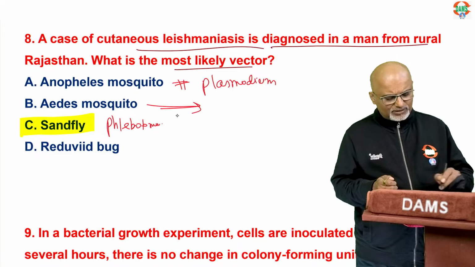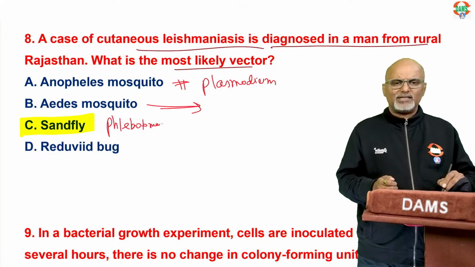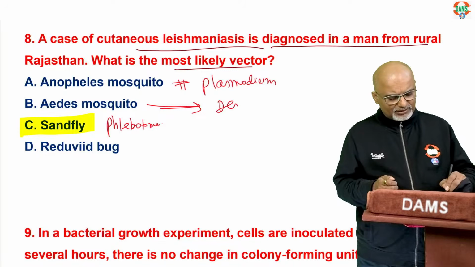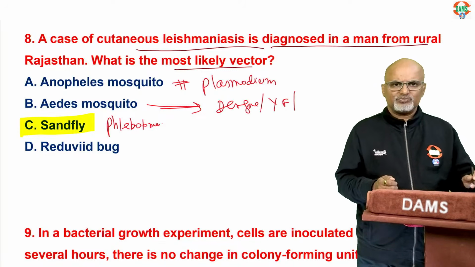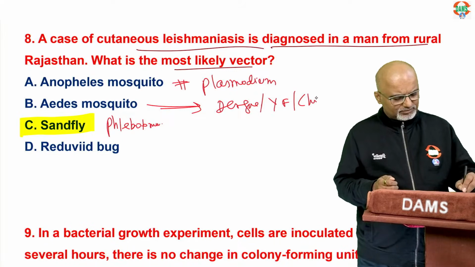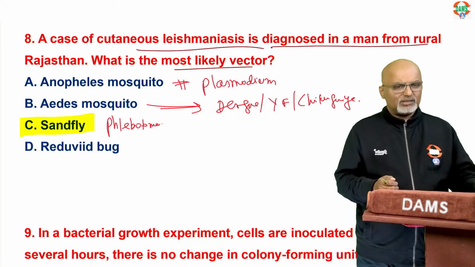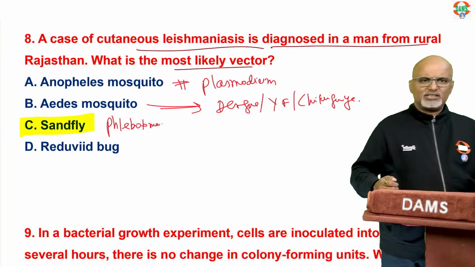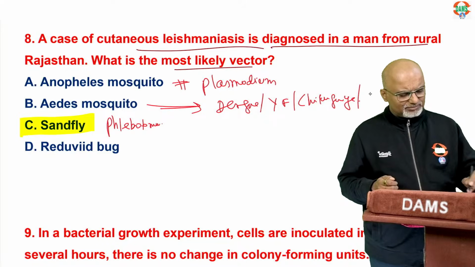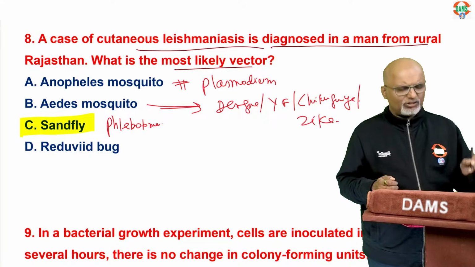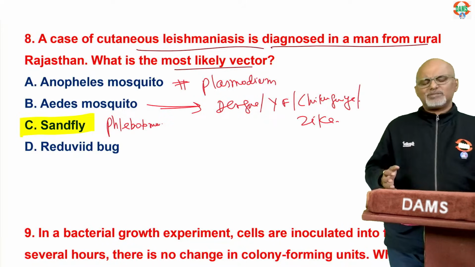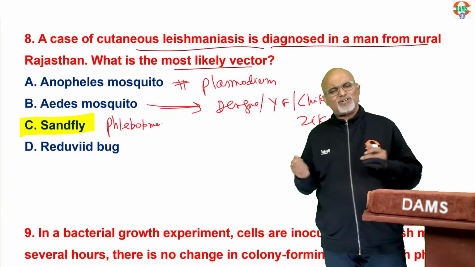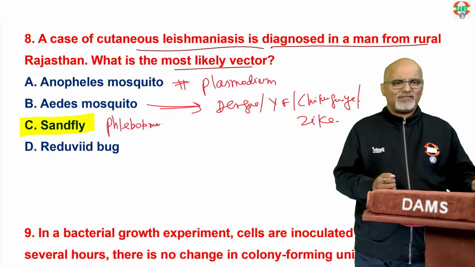Aedes mosquito for dengue, yellow fever, chikungunya, Zika. Sometimes they may ask Simulium fly is the vector for Onchocerca volvulus.